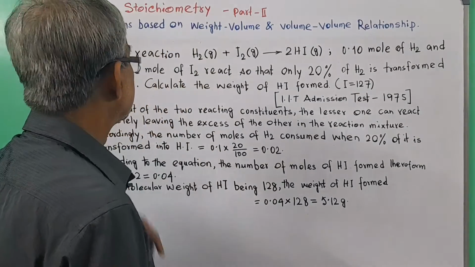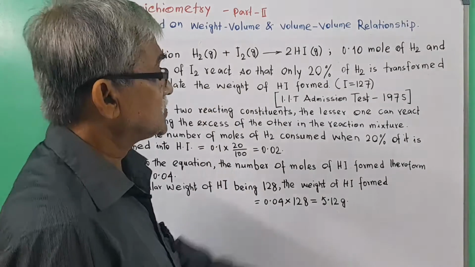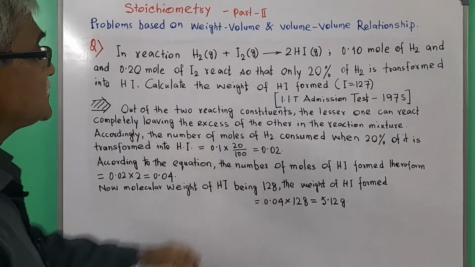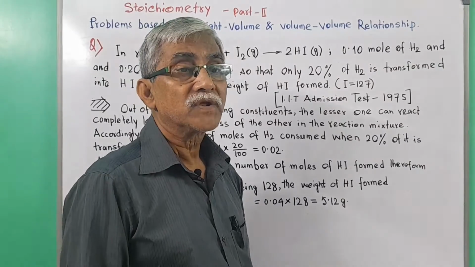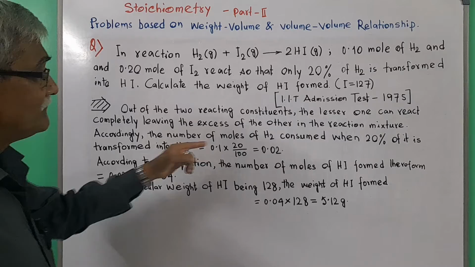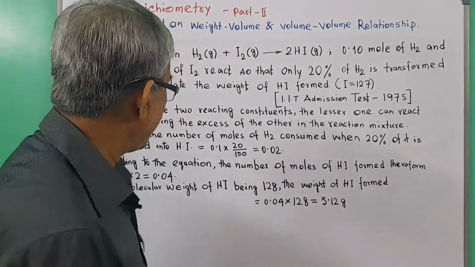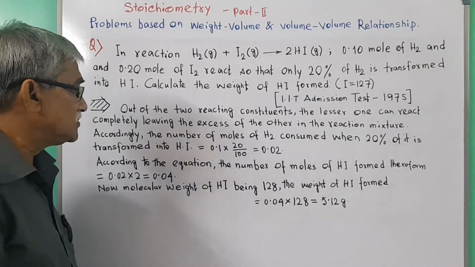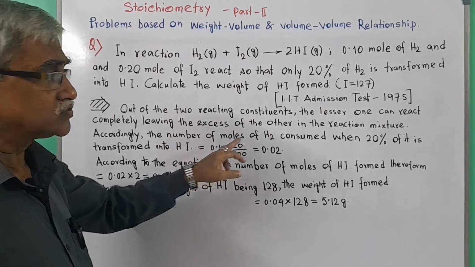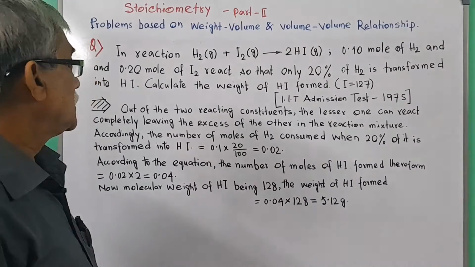Now let's answer it. Out of the two reacting constituents, the lesser one can react completely, leaving the excess of the other reactant in the mixture. Accordingly, the number of moles of hydrogen consumed when 20% of it is transformed into hydrogen iodide equals 0.1 into 20 by 100, that equals 0.02.